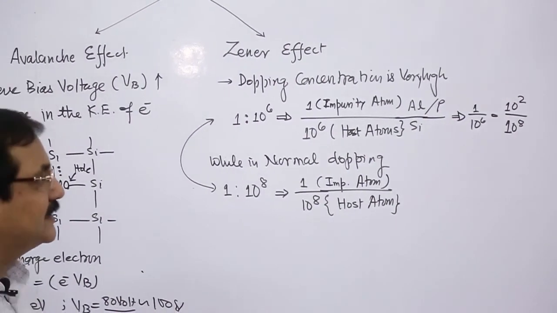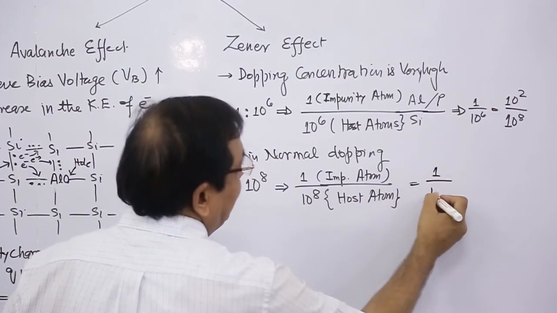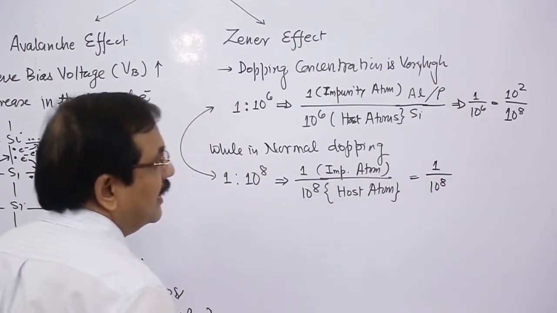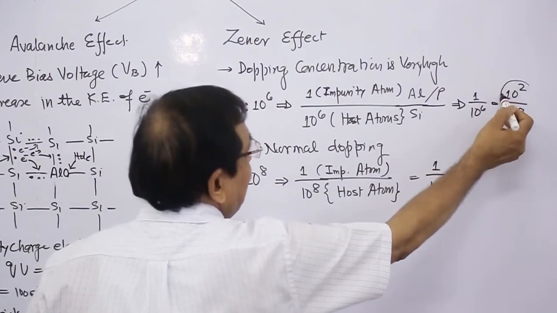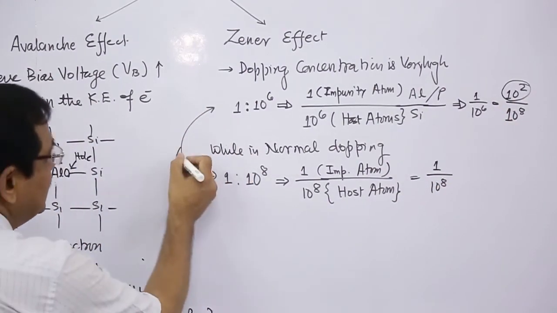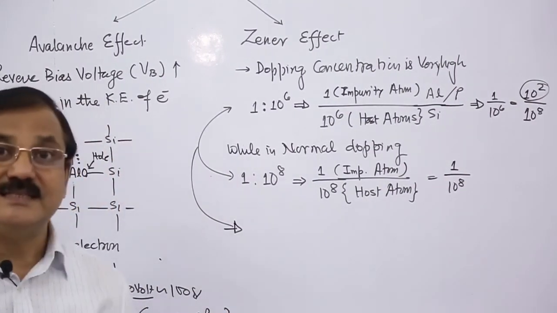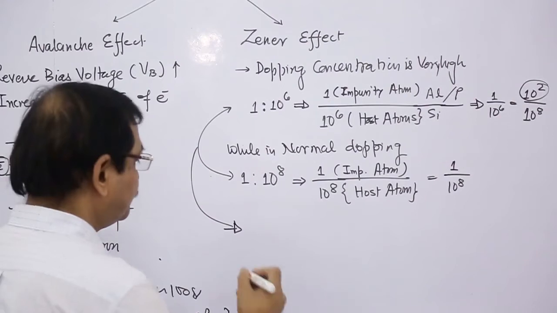Now, it is very simple. Here it is 1 upon 10 to the power 8, and in this case there is 10 to the power 2. Means from this data we say that doping concentration is 100 times more.